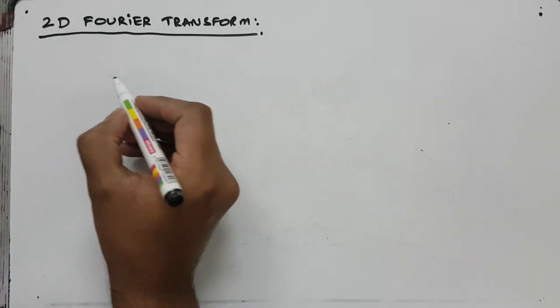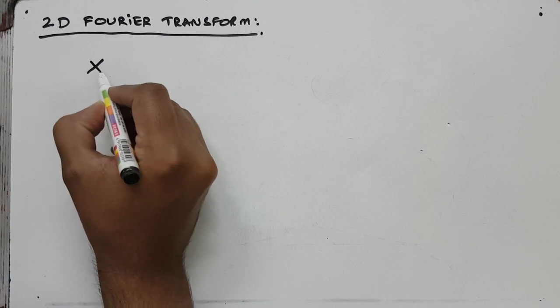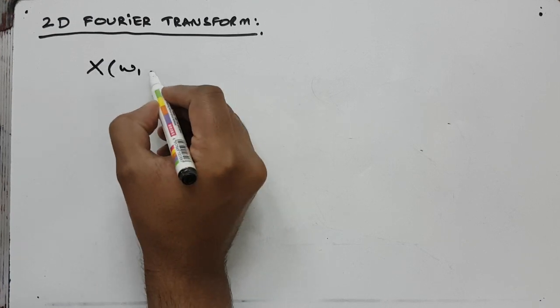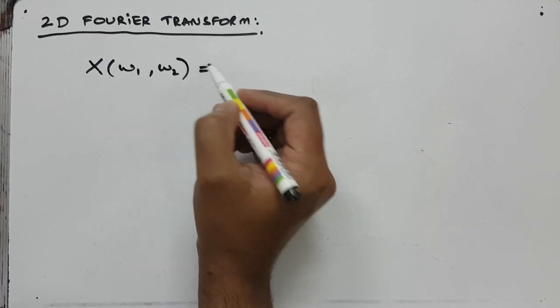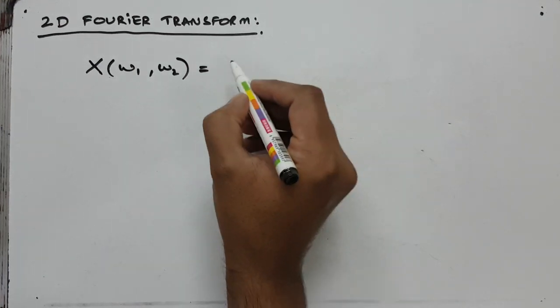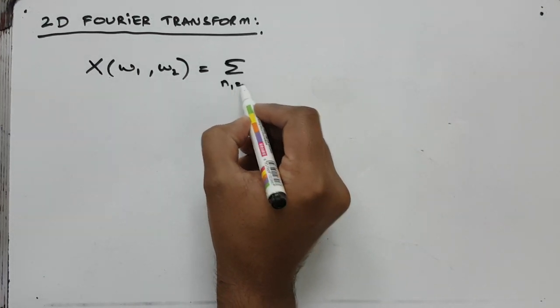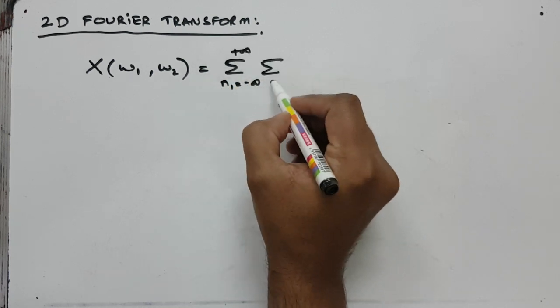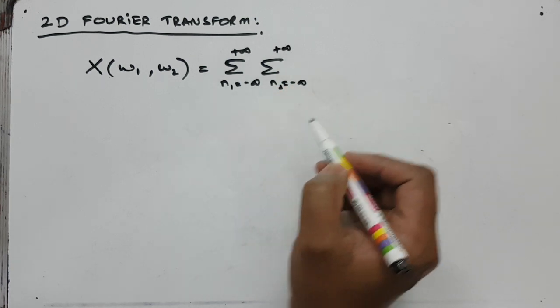the equations first. So, Fourier transform of a signal is given by X of omega 1, or let's say w1 and w2. So this is 2D Fourier transform. It is defined as summation n1 going from minus infinity to plus infinity, summation n2 going from minus infinity to plus infinity, of what?